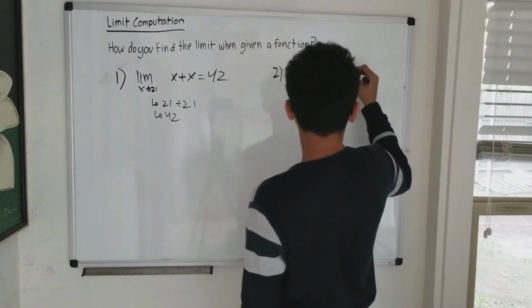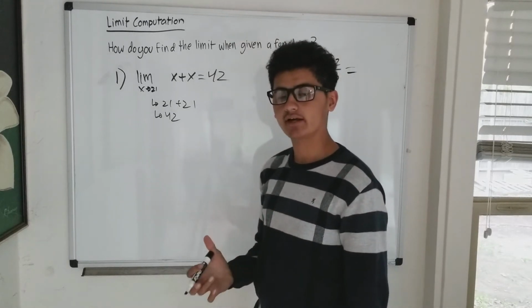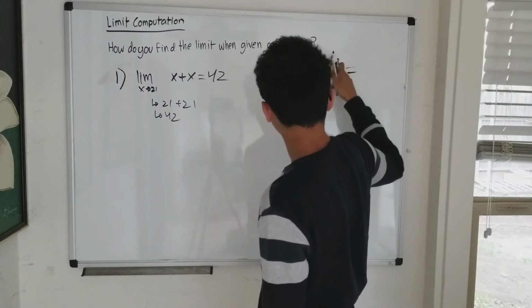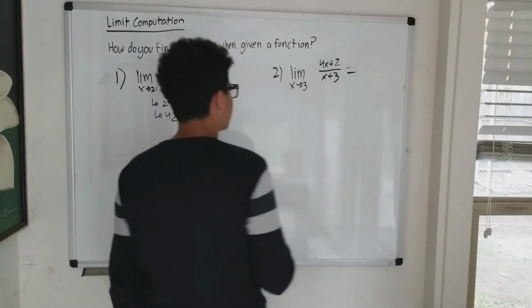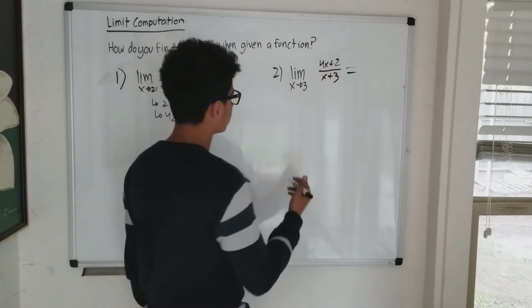And we're trying to find out what it's equal to. If you remember from my limit properties video, I explained that when you're trying to take the limit of a division or a fraction, you can distribute the limit onto the numerator and denominator to make it much simpler.